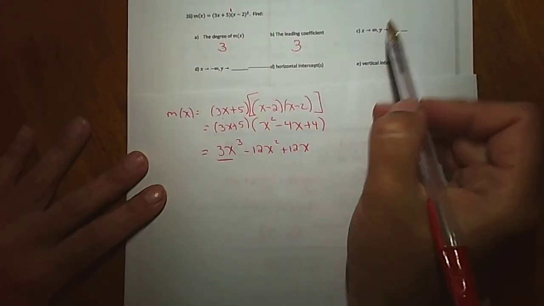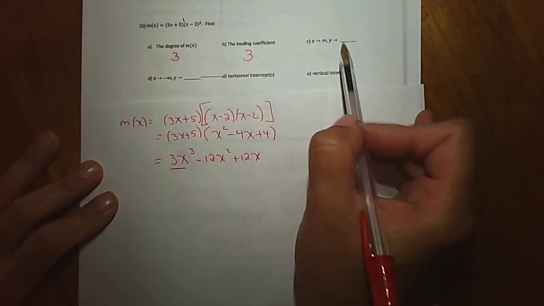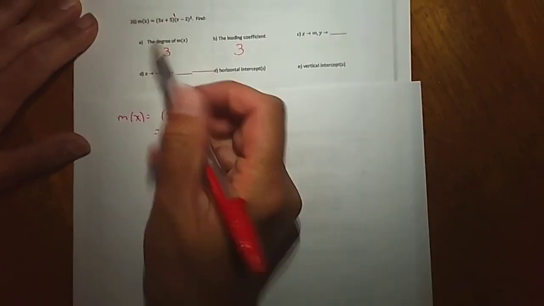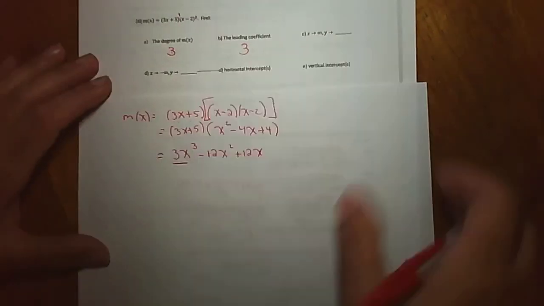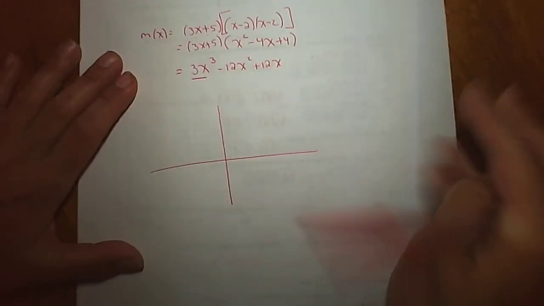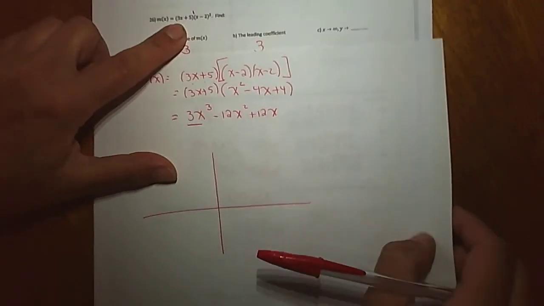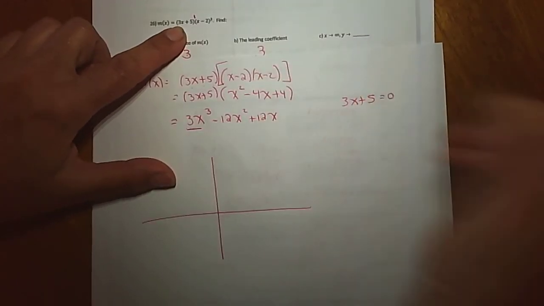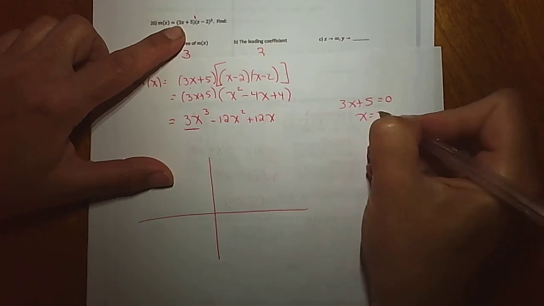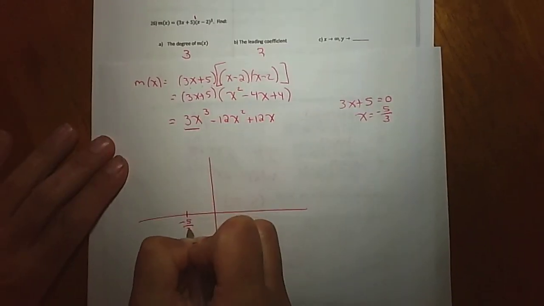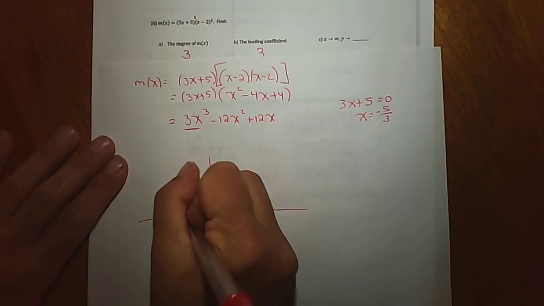All right. Now, x arrow infinity. This is the long run behavior, or the arms, right? And what we can do here, if you guys want, we can actually make a quick sketch of this guy, right? 3x plus 5, if you set that equal to 0, we'd get negative 5/3. That means it would hit the x-axis at negative 5/3.